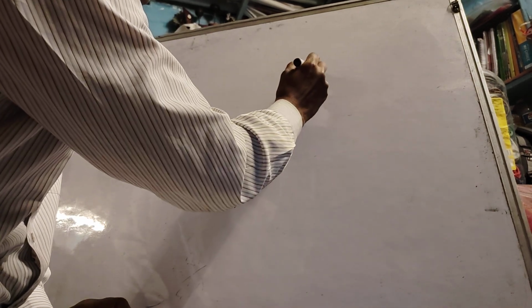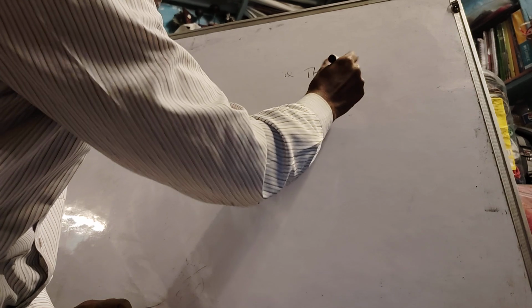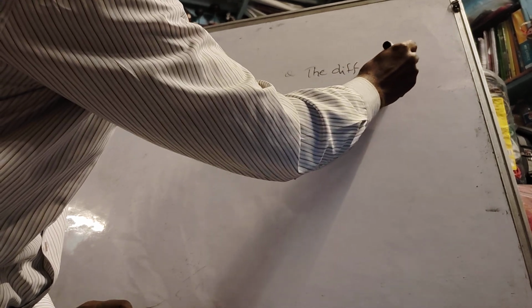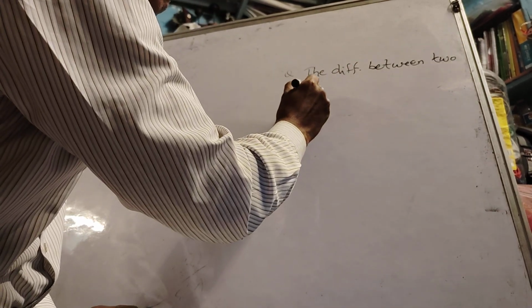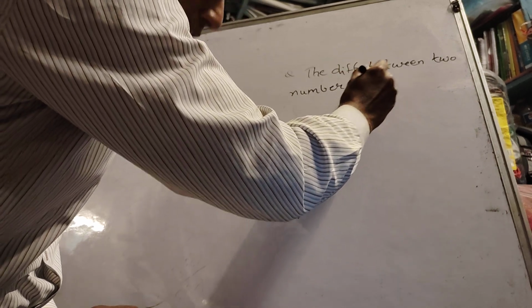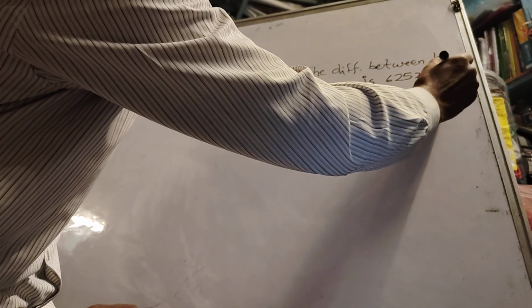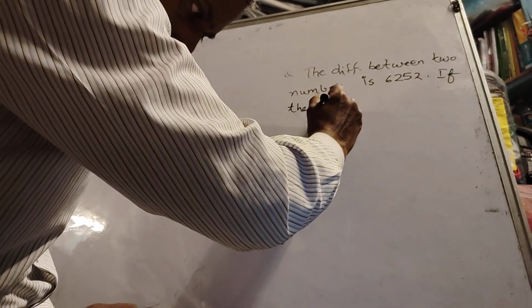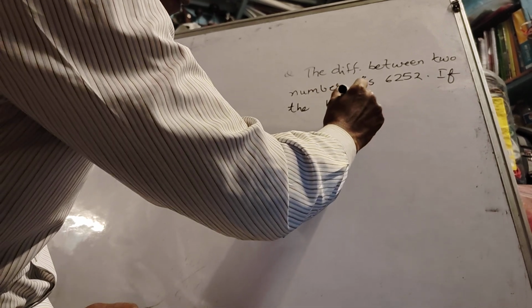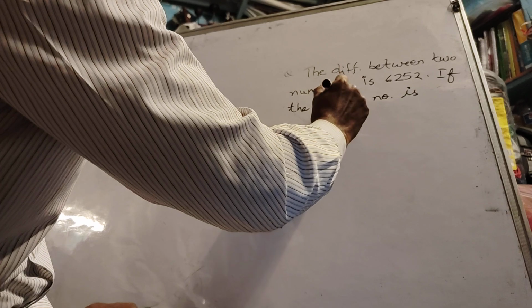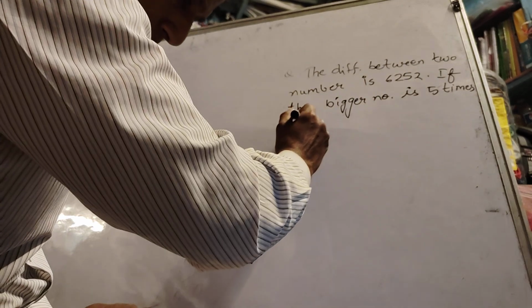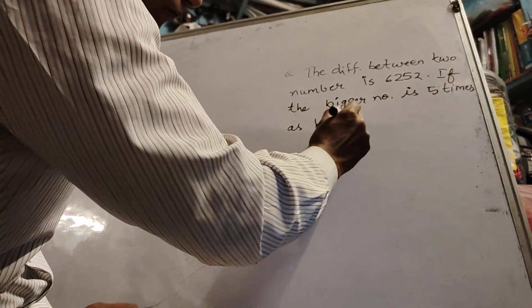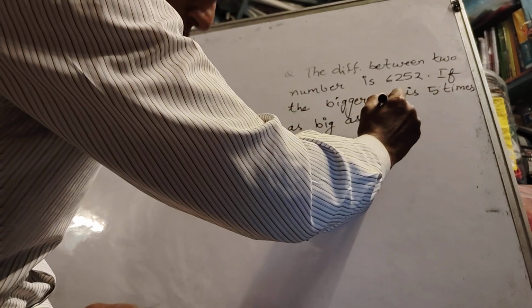Question: the difference between two numbers is 6,252, if the bigger number is 5 times as big as the smaller number.